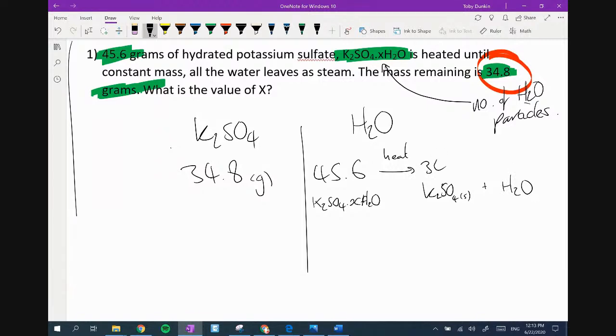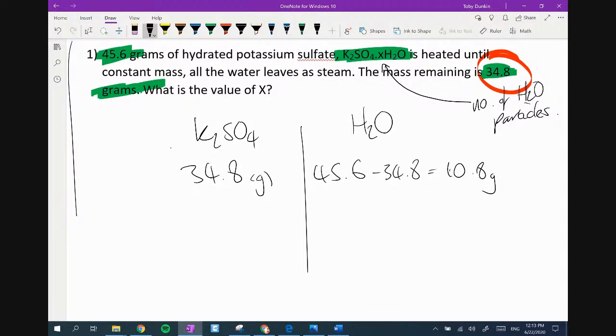Over here is 34.8, and the mass lost is the mass of water. So we need to do 45.6 minus 34.8, which gives me a mass of 10.8 grams. There's my mass of water.